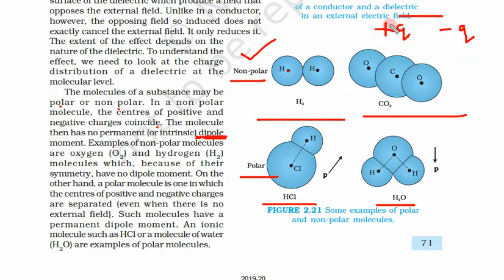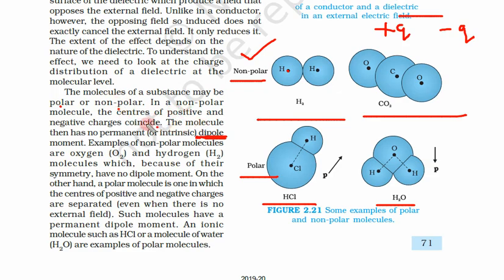If there is no separation, or positive as well as negative charges lie at the same point, again this is not a dipole. There must be some separation between positive and negative charges, then this is called a dipole.